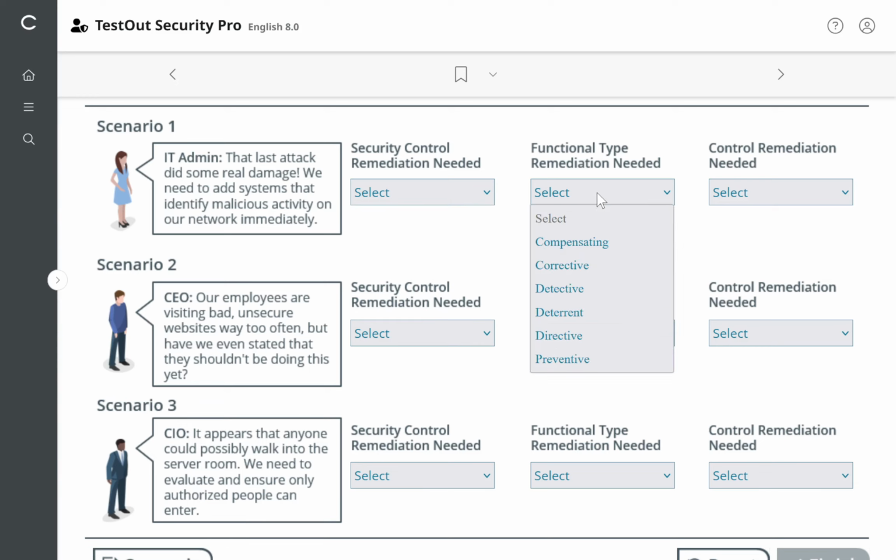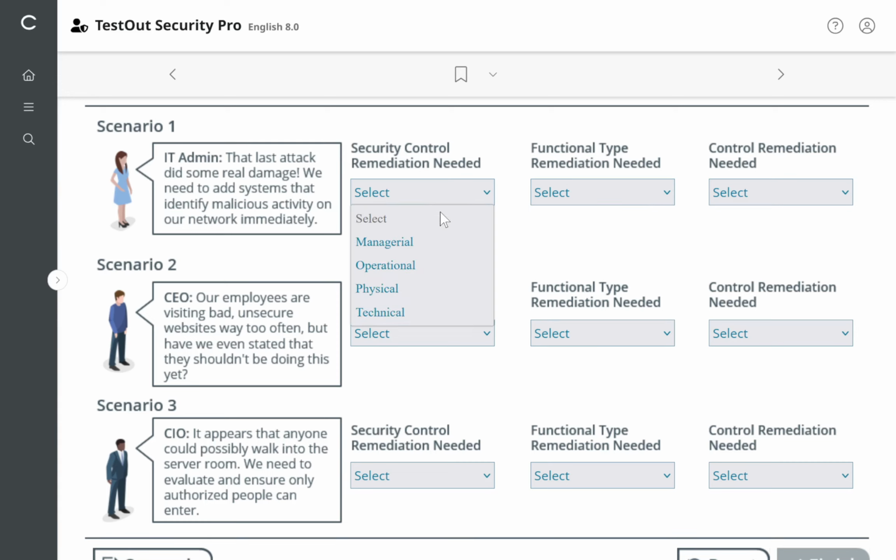And functional types, we have compensating controls, corrective controls, detective, deterrent, directive, and preventive. Okay. So let's start with this scenario. I hope we all know what all these controls are. So technical, physical, operational, and also managerial.